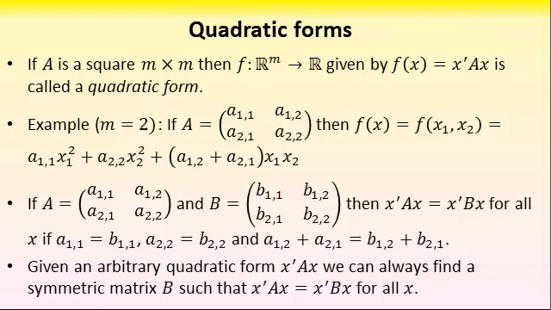So if we have an arbitrary quadratic form, x transpose Ax, it is always possible to replace A with a symmetric matrix B without changing the quadratic form in any way. It also means that whenever you see a quadratic form, you can expect the matrix to be symmetric.